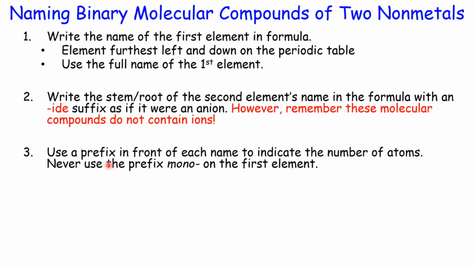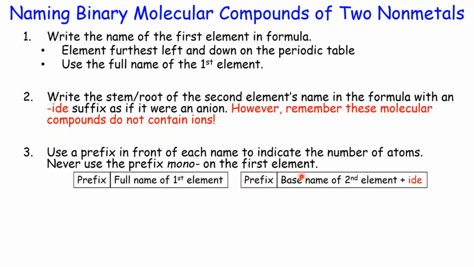Number 3, use a prefix in front of each name to indicate the number of items in that compound. Never use the prefix mono on the first element.